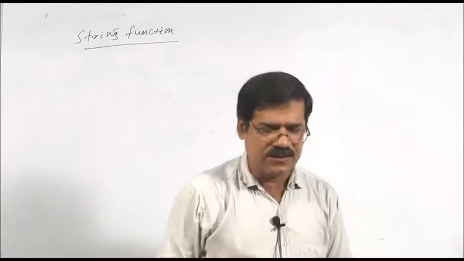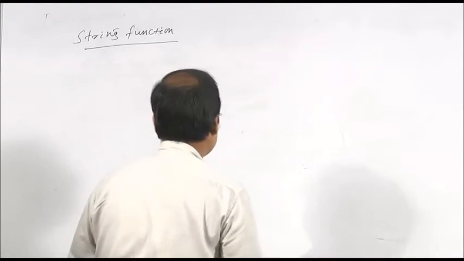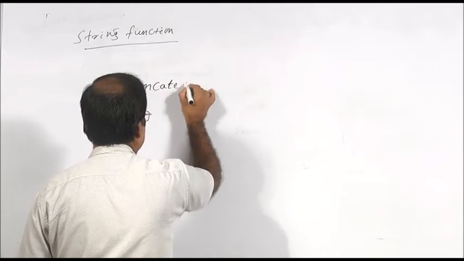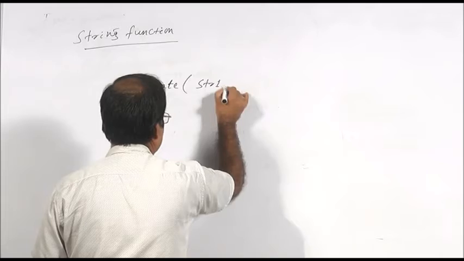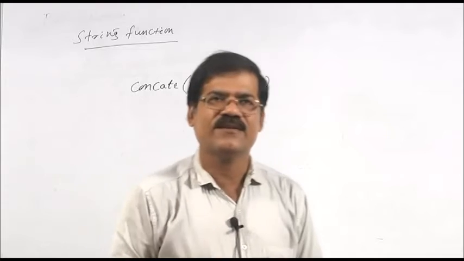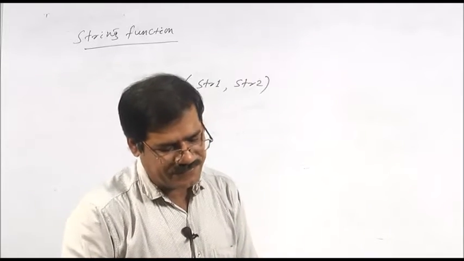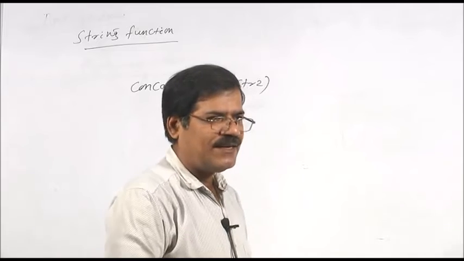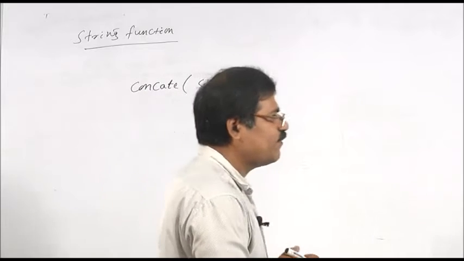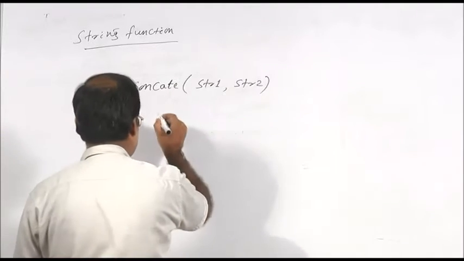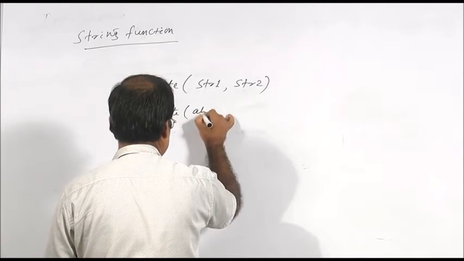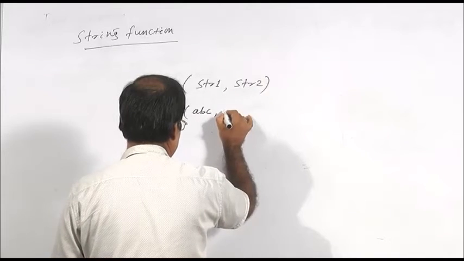The next function is concatenation, CONCAT. The syntax is CONCAT string 1 comma string 2. What is a string? A sequence of characters, or a set of characters, forms a string. So CONCAT of string 1, string 2 means both strings will be concatenated to form a single string. Suppose I write CONCAT of ABC, where ABC is string 1, then DEF.